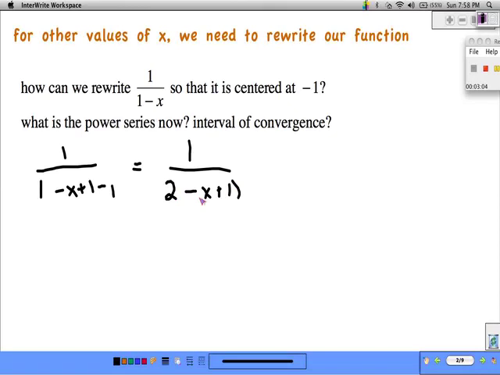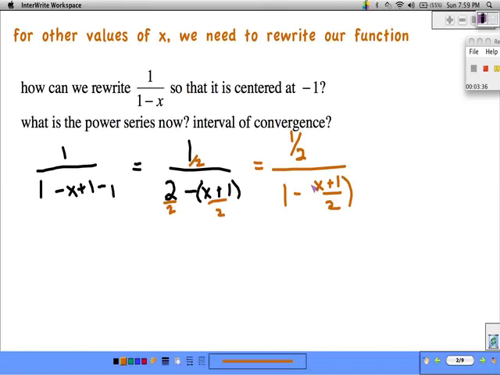plus 1, that quantity. Well, for this to work with the power series, a geometric sum, I need the first term over 1 minus something. Well, I can achieve that by dividing everything in the problem by 2. So I'm left with 1/2 over 1 minus x plus 1 over 2.